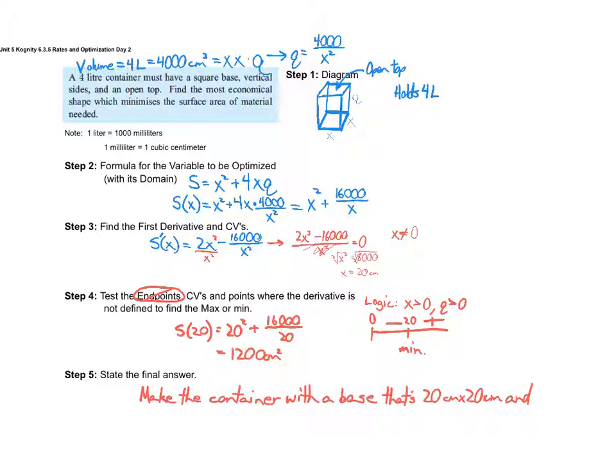And that means we would make it how tall? 4,000 divided by 20 squared, so 4,000 divided by 400 is 10. 10 centimeters tall, because we know Q is 4,000 over x squared. So 4,000 over 400 would give us a height of 10.